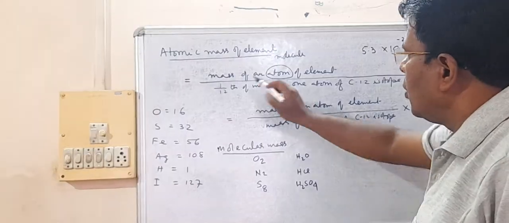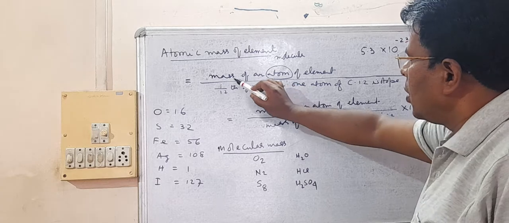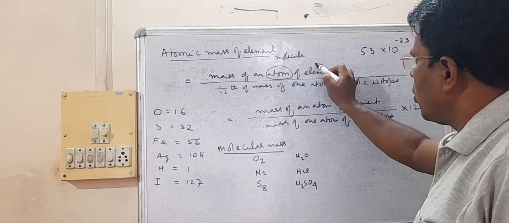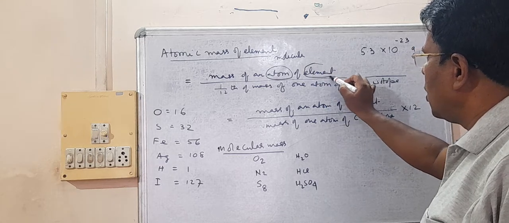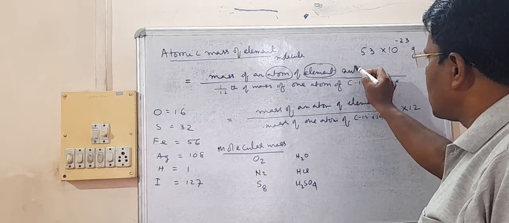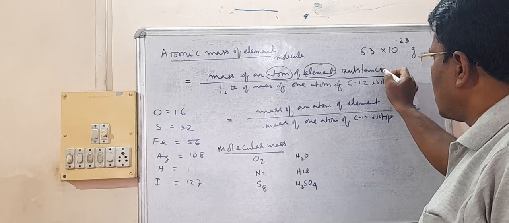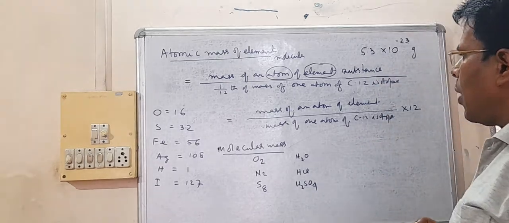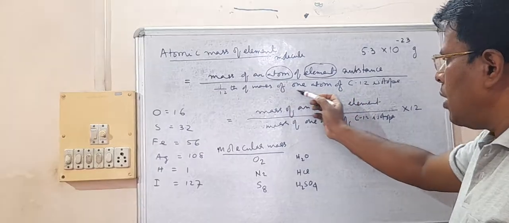So here in the numerator we should write the mass of one molecule of substance. This substance means it can be an element or it can be a compound, and the denominator is the same.